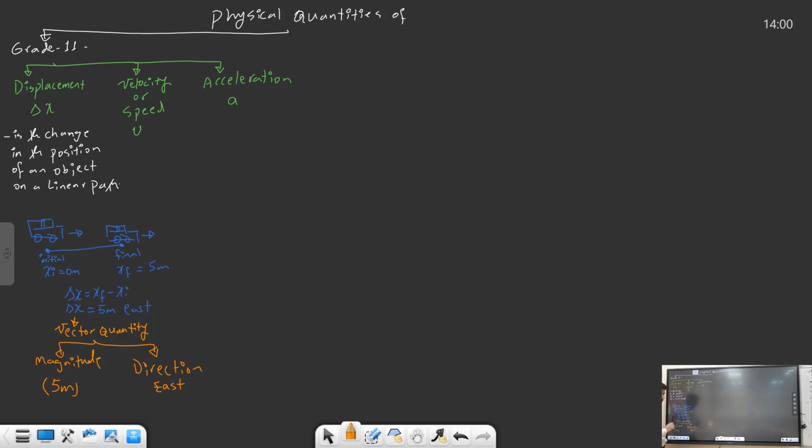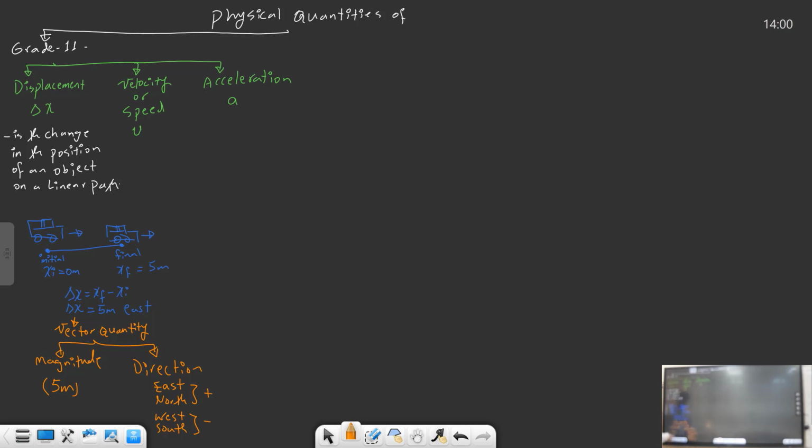Guys, in physics, we usually represent or express the direction of motion of things with positive or negative. So east and north are considered as positive directions, and west and south are considered as negative directions. Okay?